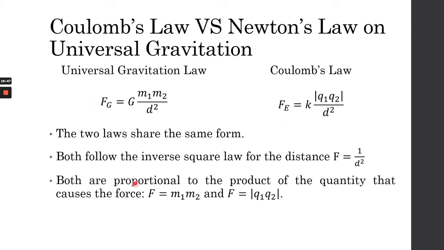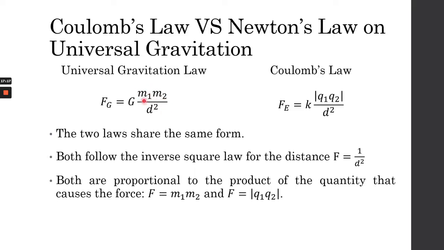Moreover, they're also following another proportion, in which the product of the two quantities causing the force is proportional to the force. So for the gravitational force, the cause of this force is actually the mass. Again, if things are very heavy, they tend to have a massive gravity, and that gravity is caused by the mass.